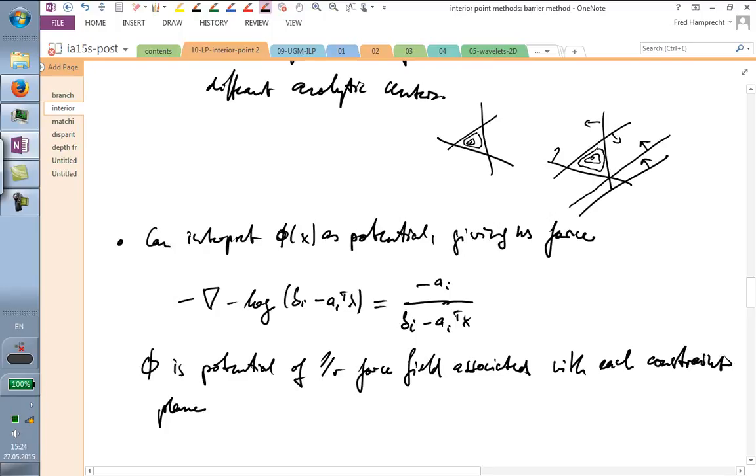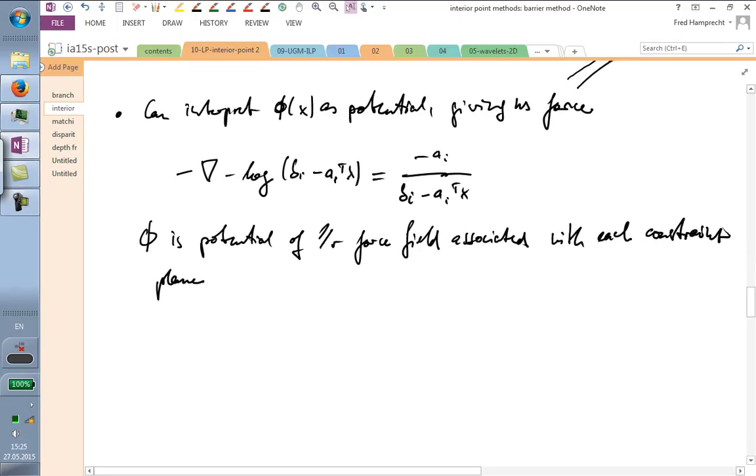So when I was talking charges, this was not a perfect metaphor, because there we would have a 1 over r squared force, and here we have a 1 over r force, but the idea is the same.